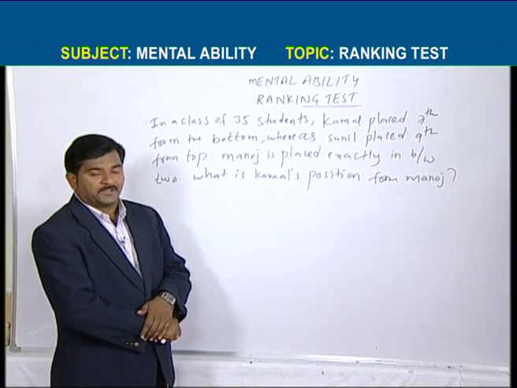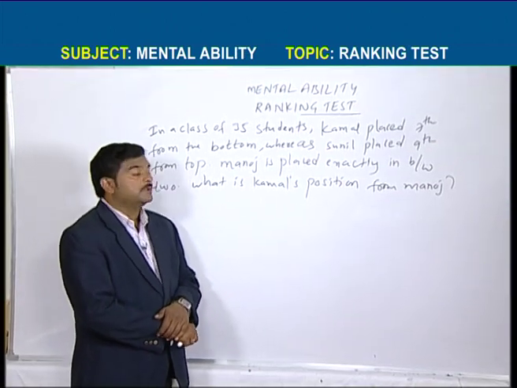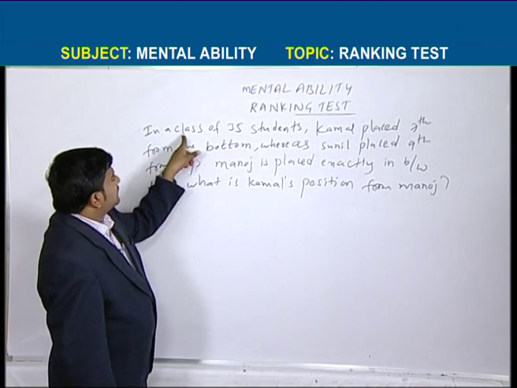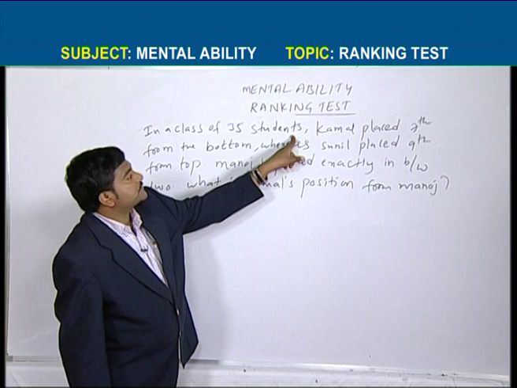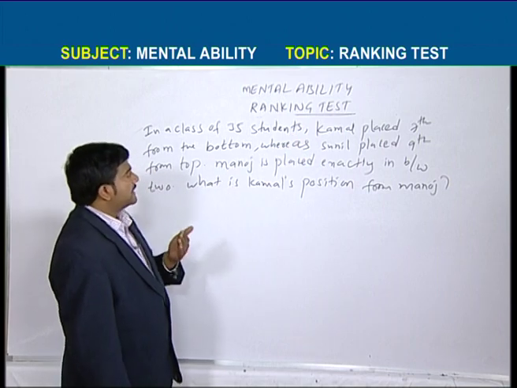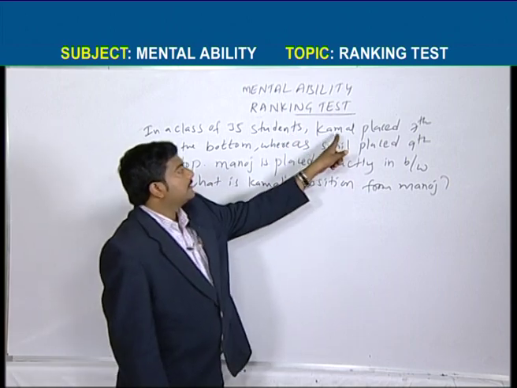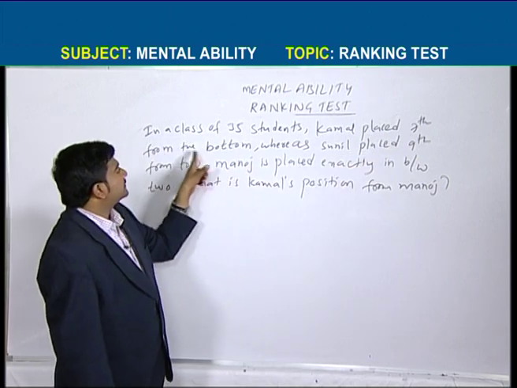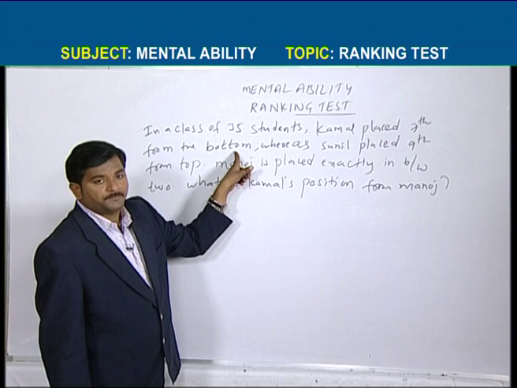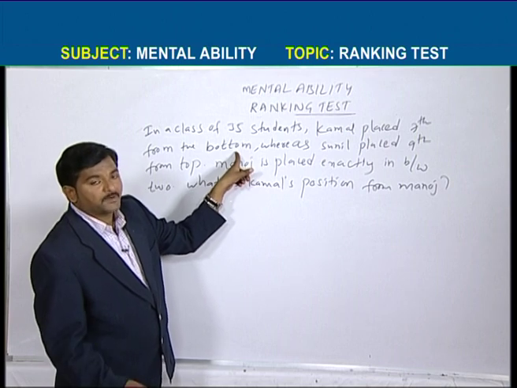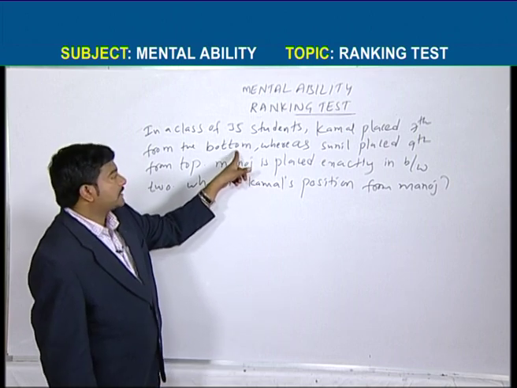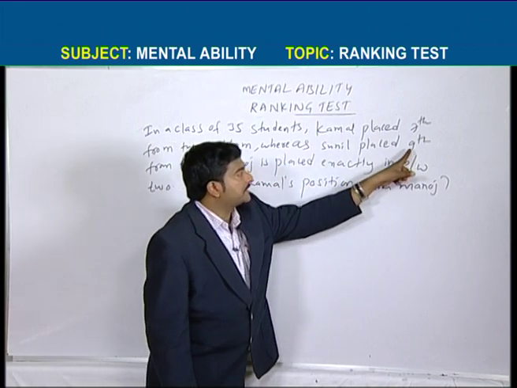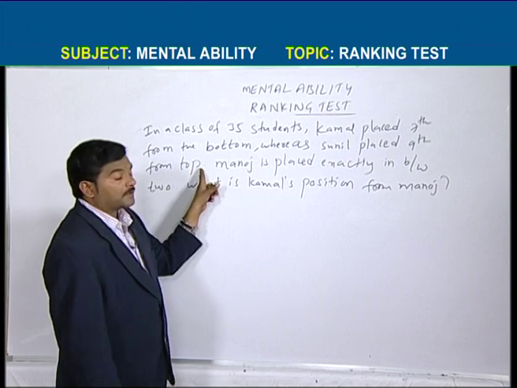Okay, now we will discuss the next model in the ranking part. We will see this question once, and we will get the idea. In a class of 35 students, Kamal placed 7th from the bottom, whereas Sunil placed 9th from the top.